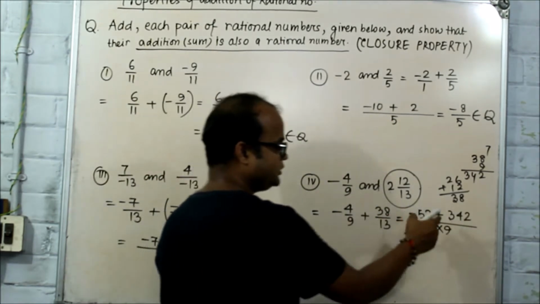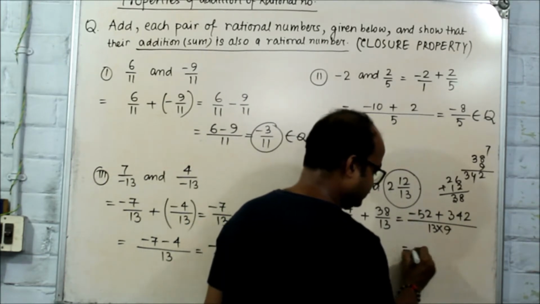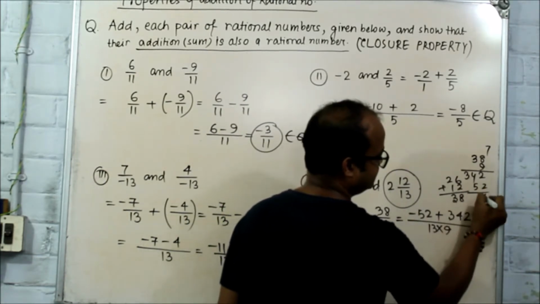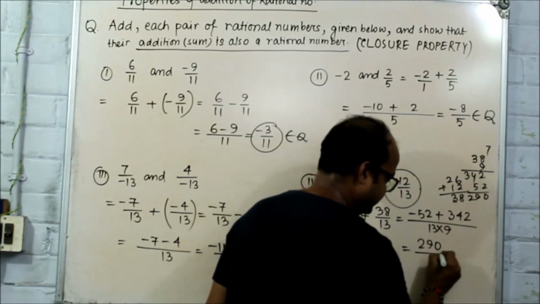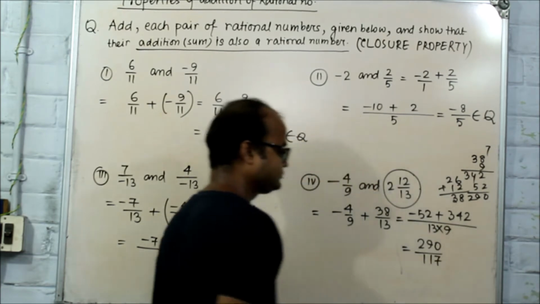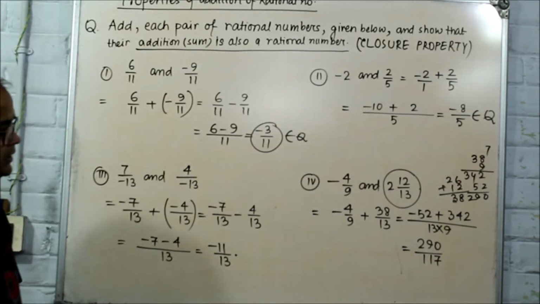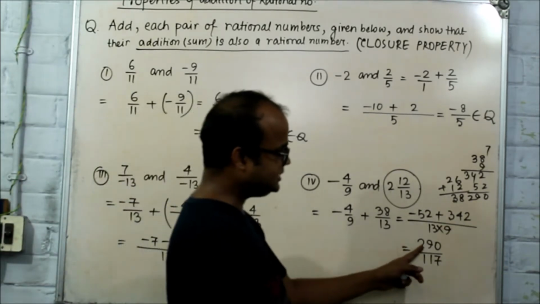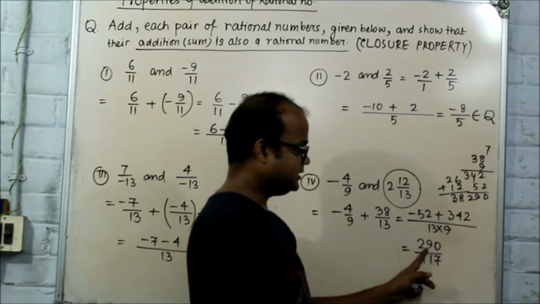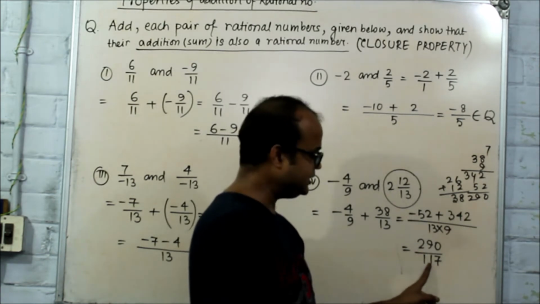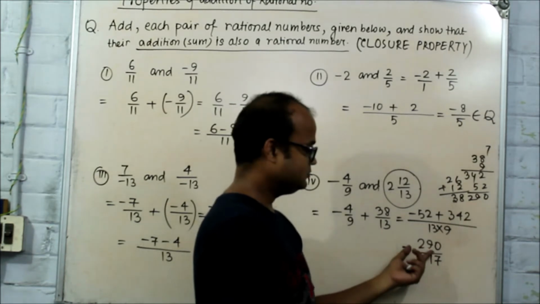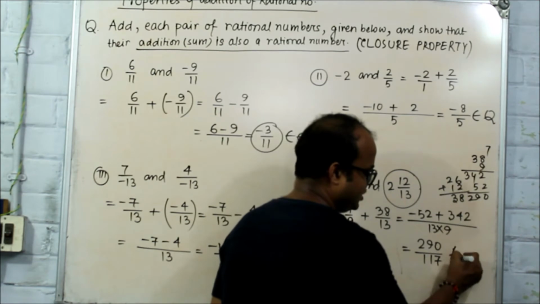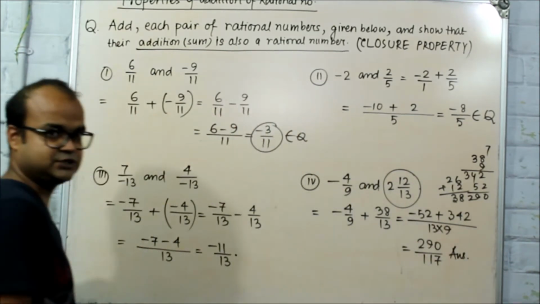Now from 342, if you subtract 52, you will get 290. So 290 by 117. Check whether it cancels with 9, 13 or 9. Whether it cancels with 13 or 9, no, so we leave it here. So the answer is this, or you can convert it into a mixed fraction.